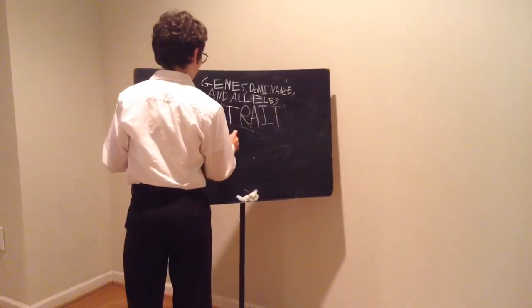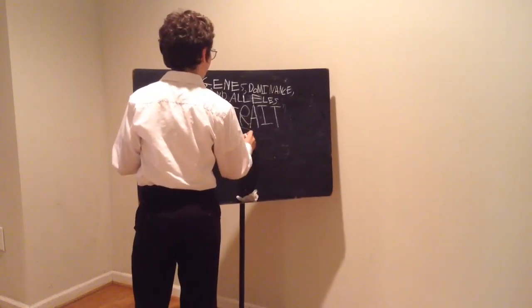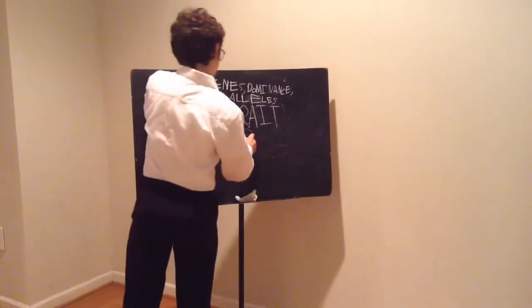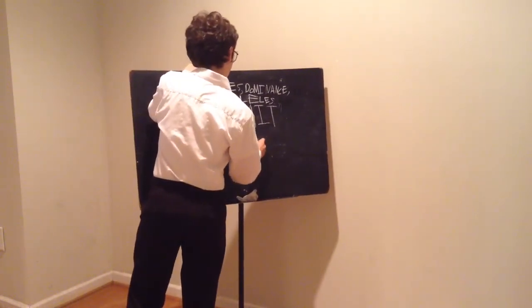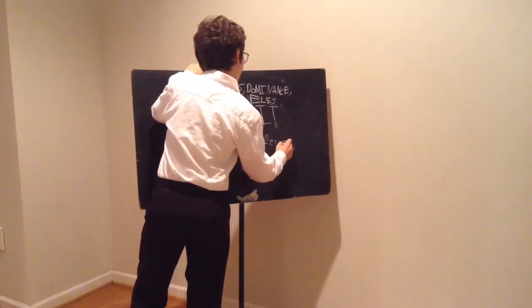So first off, you have a gene. And a gene is a section of DNA that codes for a trait. So you need to remember that a gene codes for a trait.